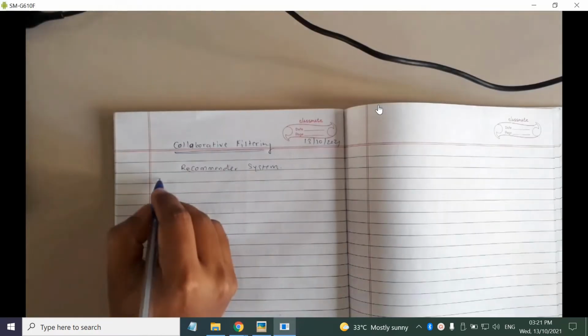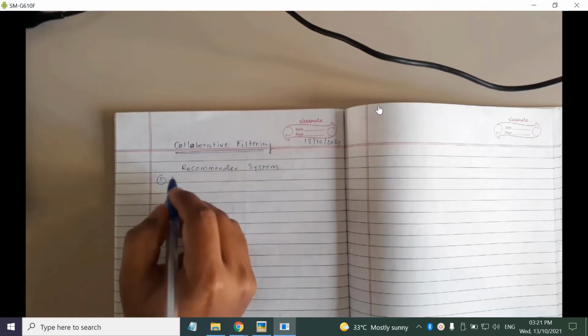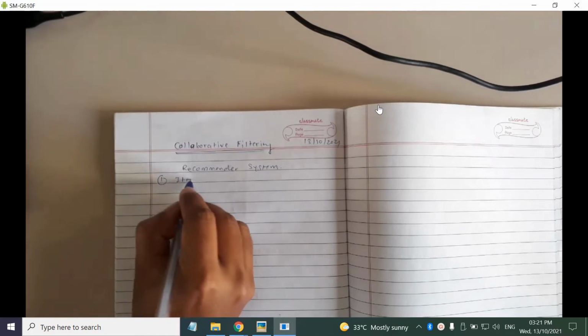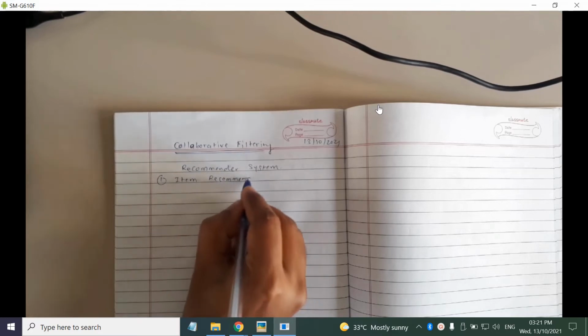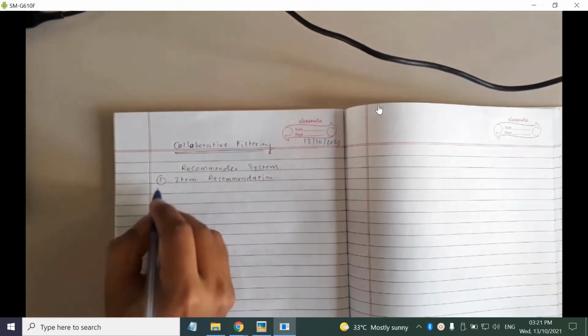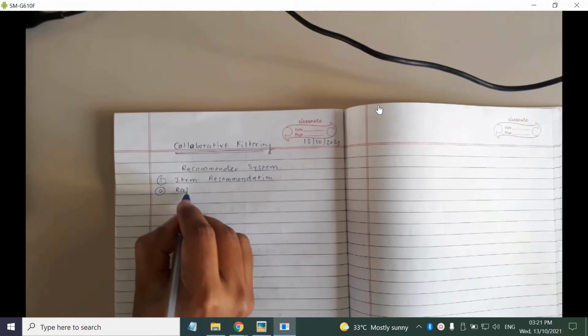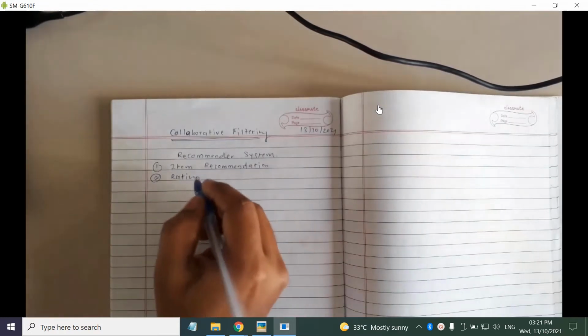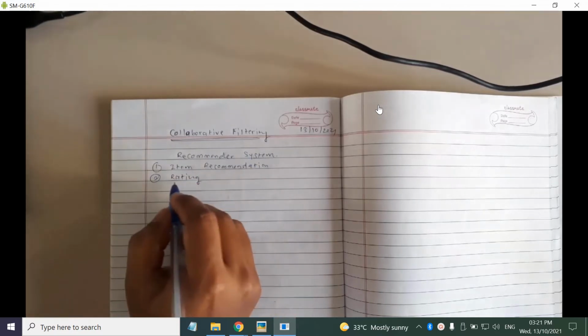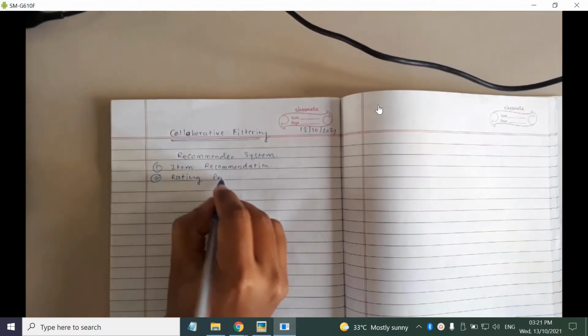Now this recommender system will either do item recommendation, or based on the previous data or purchase history, it will do rating prediction.